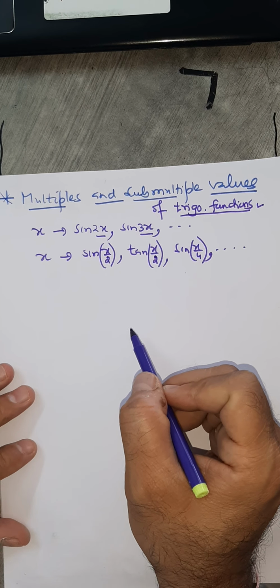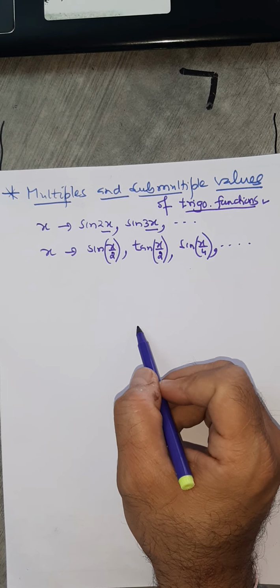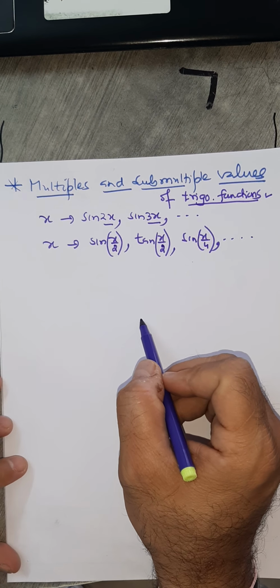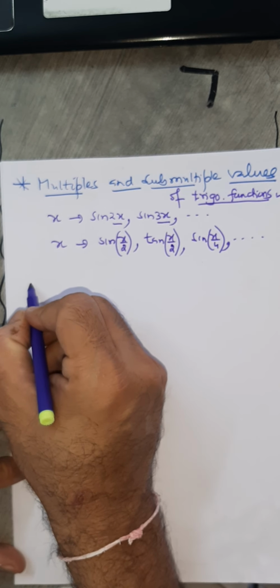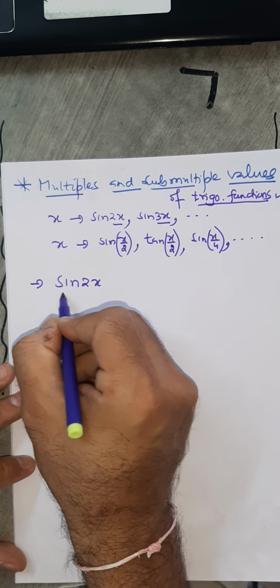So far we have discussed addition formulas, then vector formulas. Now there is a last point in trigonometric functions. First we go for the formula for sine 2x.